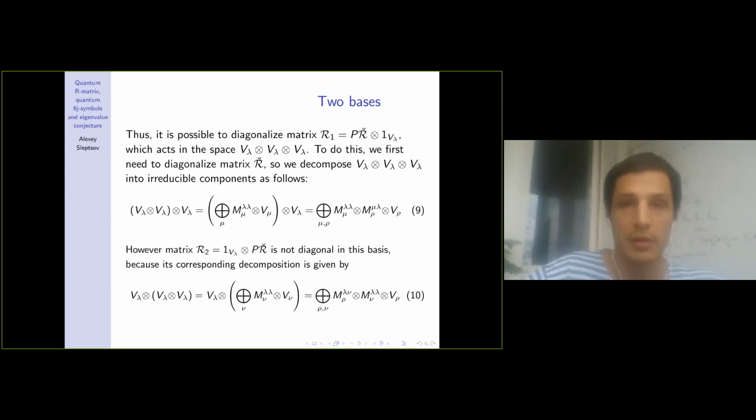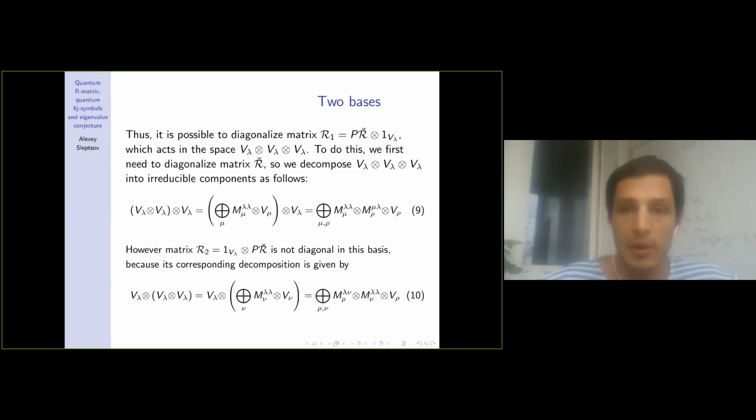Then the corresponding decomposition looks like formula 9. So we take the first decomposition between the first component and the second component. After that, we multiply it by the third component V lambda from the right and take the decomposition once again.